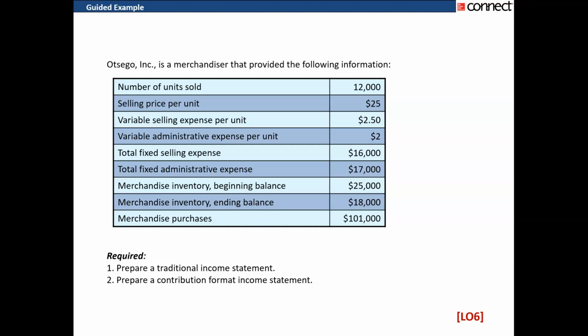So we would take the $25,000 of beginning inventory, add the $101,000 that we purchased throughout the period. That will give us the total available. Then we will subtract what we have left at the end of the period, and that will give us our cost of goods sold. That will give us the amount that we sold.